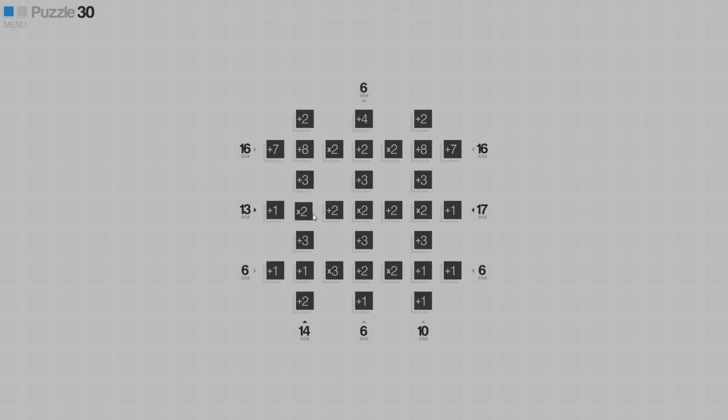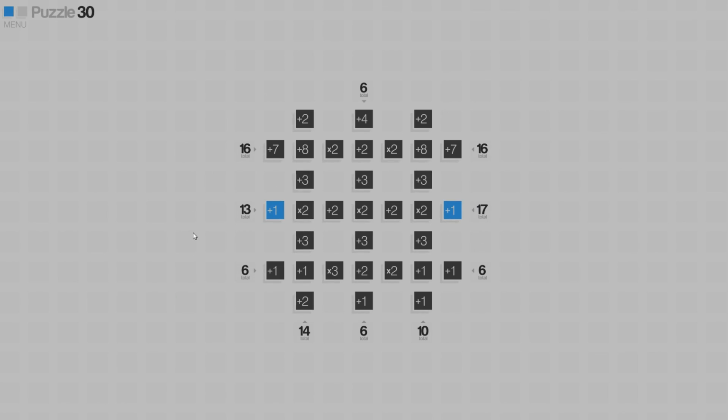But what's more important is that we can already know, since the multiplicators are here at the end, and it's a 2 multiplicator, an even multiplicator here and here, we definitely have to use the odd numbers here, +1 here and +1 here, to reach the odd total values 13 and 17. So these two tiles can be marked already.